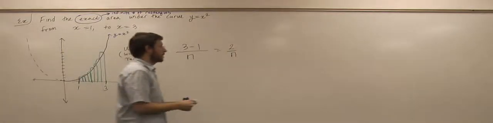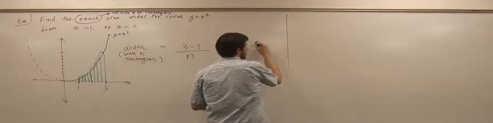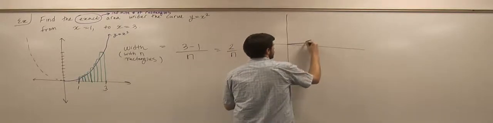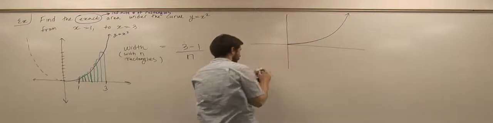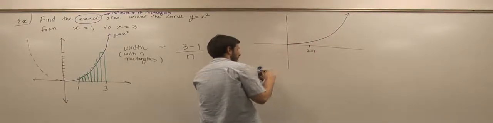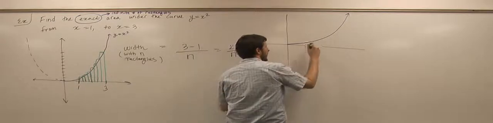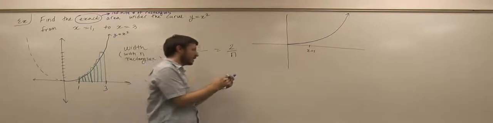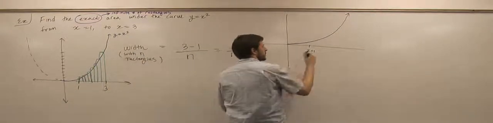So here's the tricky part. Here's my parabola. Here's x equals 1. If I want a rectangle, and it's not going to matter whether you do lower or upper sums, I drew upper, so let's keep with upper.